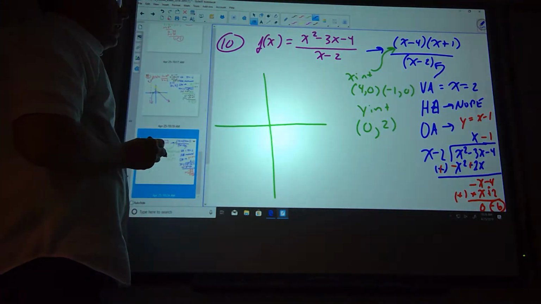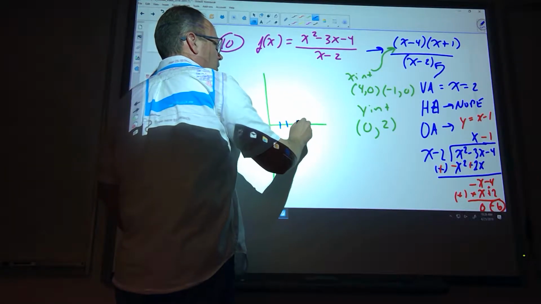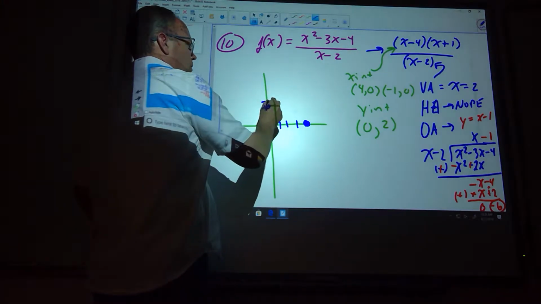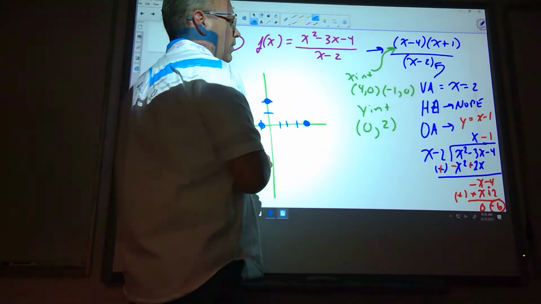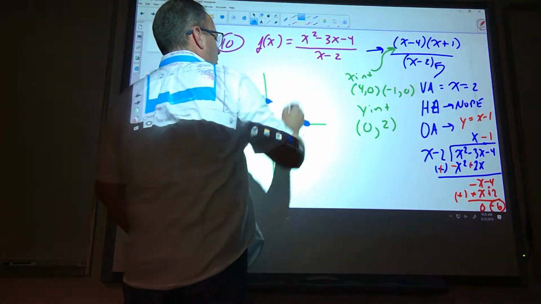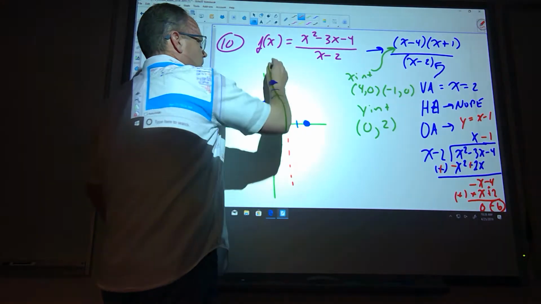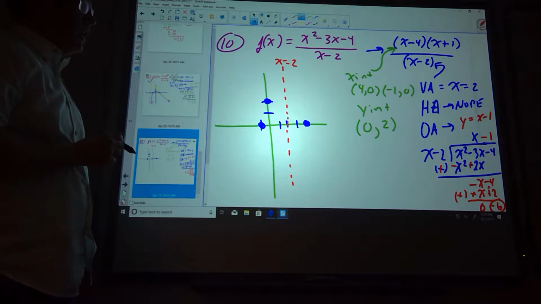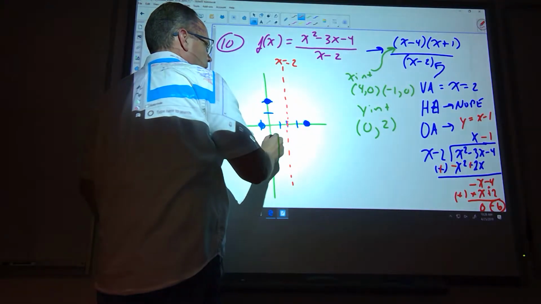All right, points that I know. I have 4, 0. I have negative 1, 0. I have 0, 2. Okay, so that's taken care of. Vertical asymptote is at x equals 2. Okay. And then oblique asymptote, so negative 1 is here.